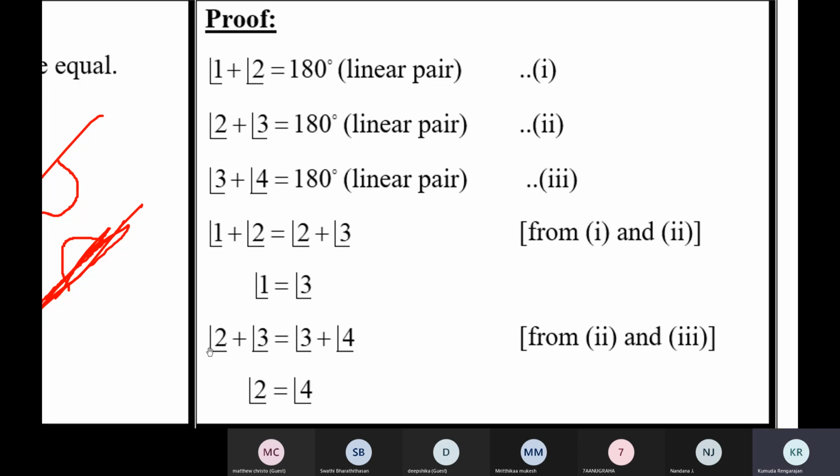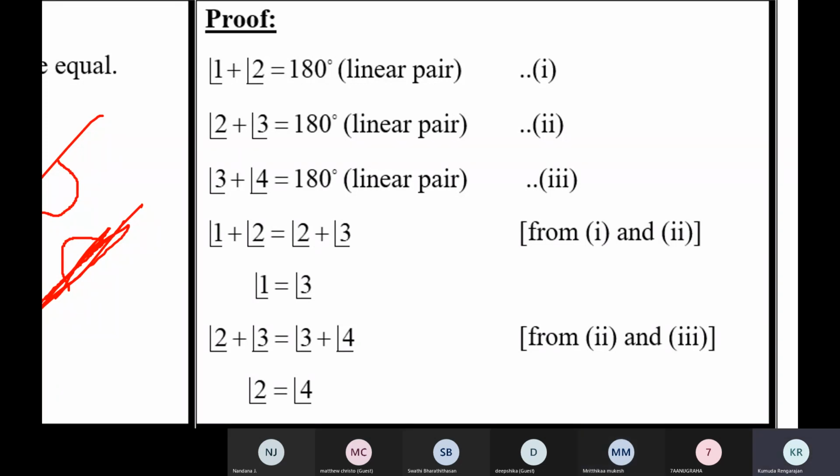From this one, we have angle 2 plus angle 3 is equal to angle 3 plus angle 4. After this, how do we get angle 2 is equal to angle 4? What happens to angle 3 in the LHS and angle 3 in the RHS? Ma'am, they get cancelled.